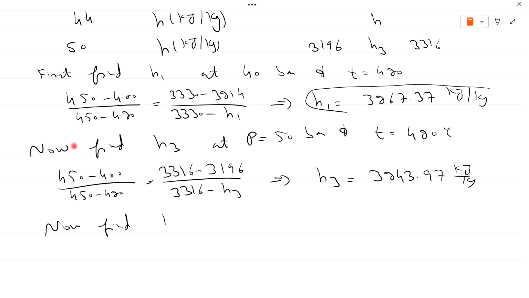Now find H at pressure equal to 44 bar and temperature equal to 420, which is required.